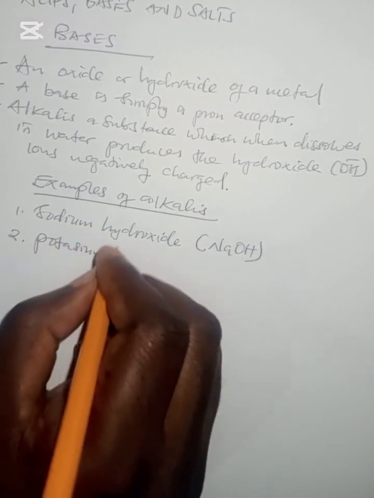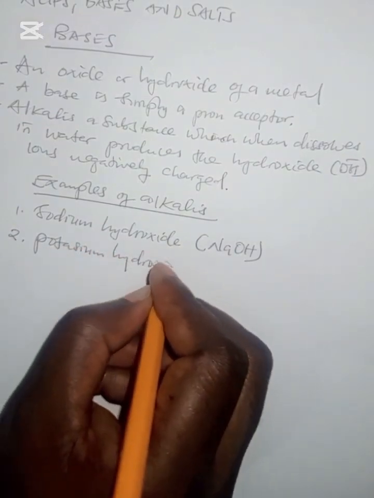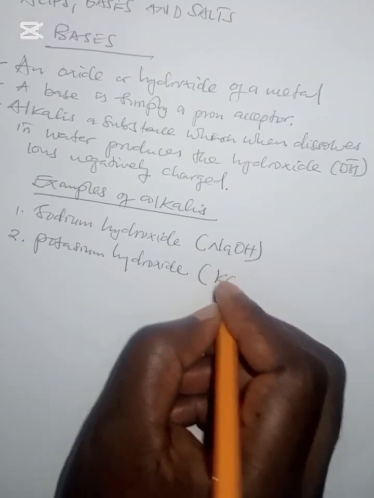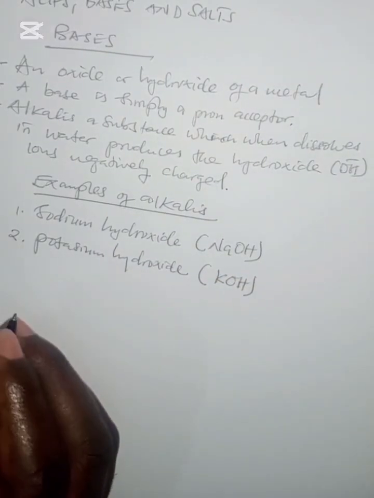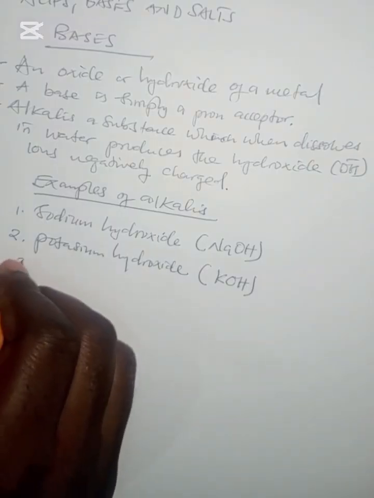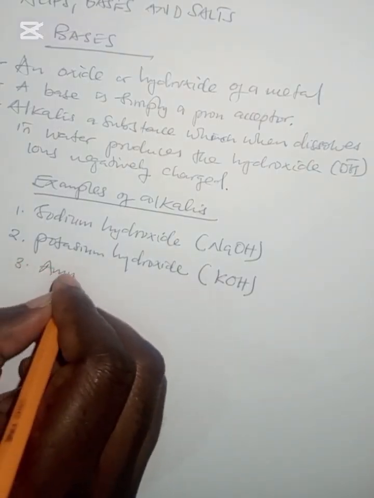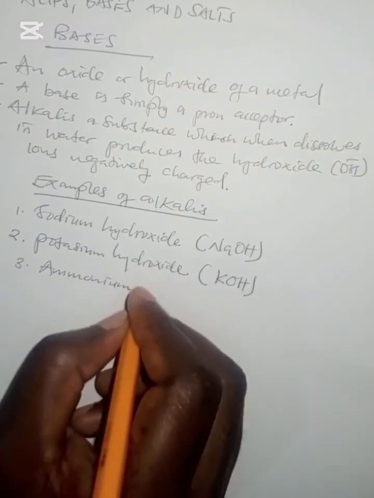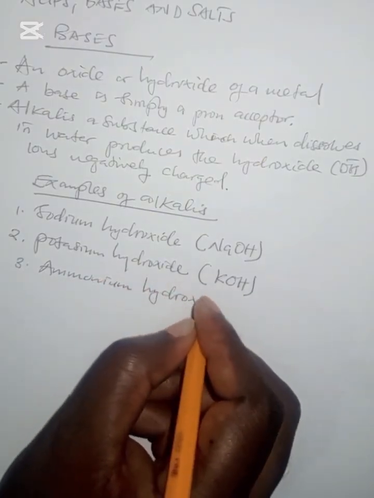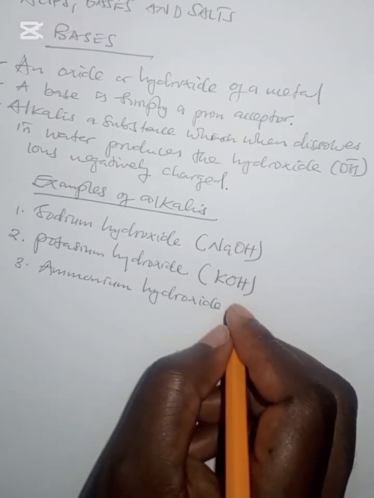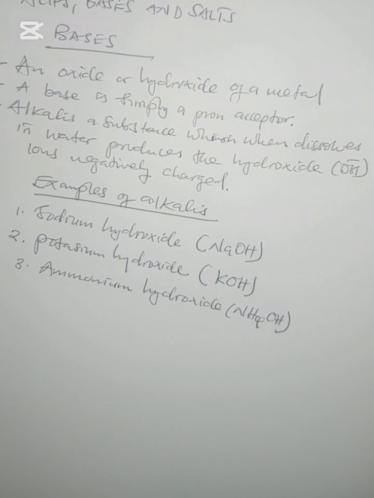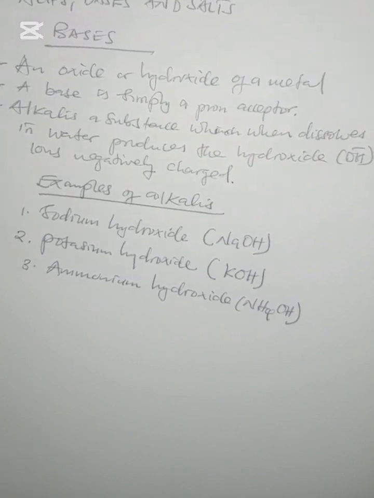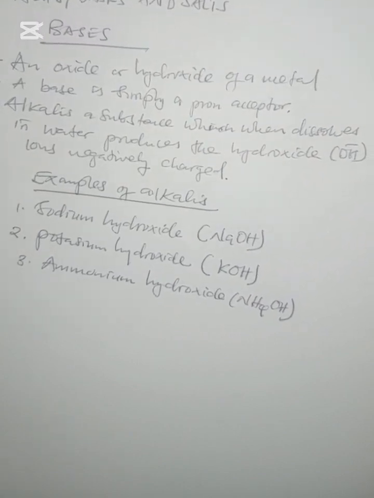Then you can also have ammonium hydroxide. Ammonium is NH4, then you put hydroxide like that. So these are some of the examples of alkalis, or bases which can dissolve in water.